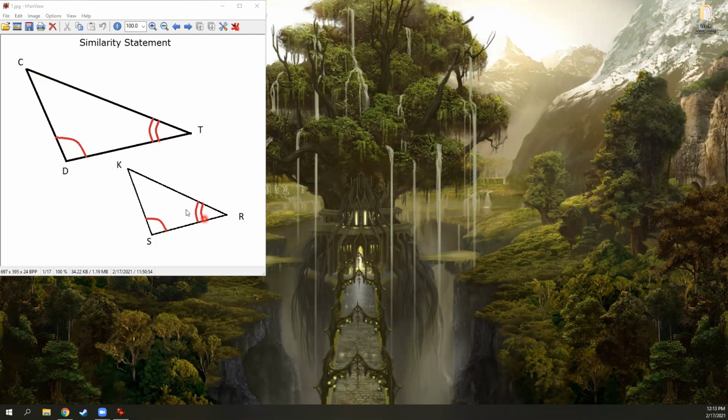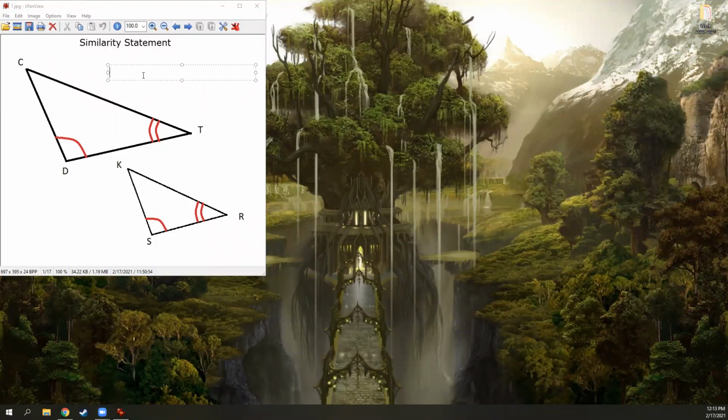That's the exact same order. This angle equals that one, this angle equals this one, which would imply that the missing one equals that one. So if I go from no markings to one marking to two markings, and do the same order on the other triangle, then that's how I can set up the similarity statement to be true.